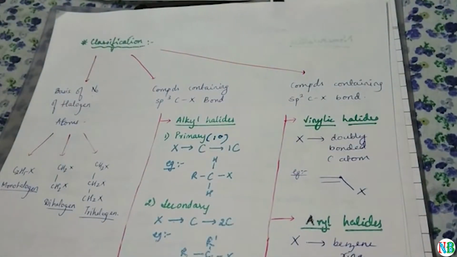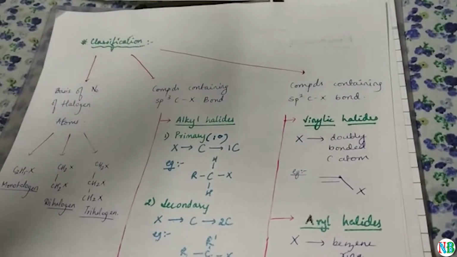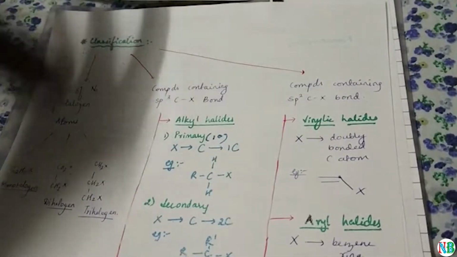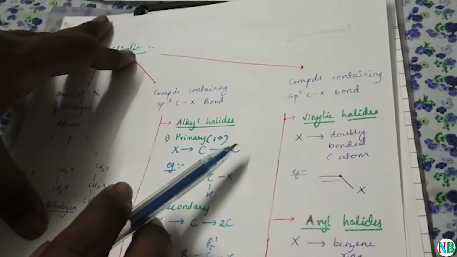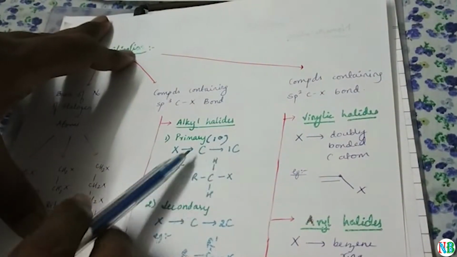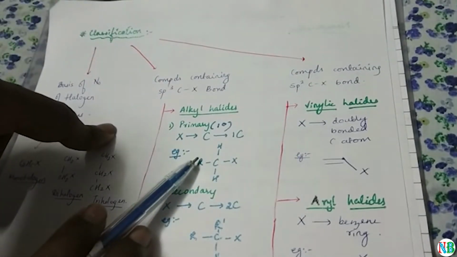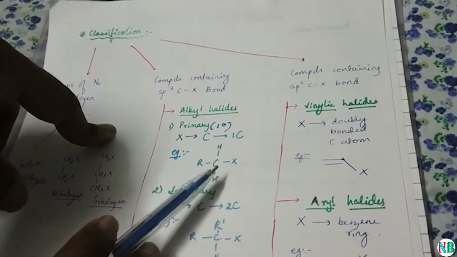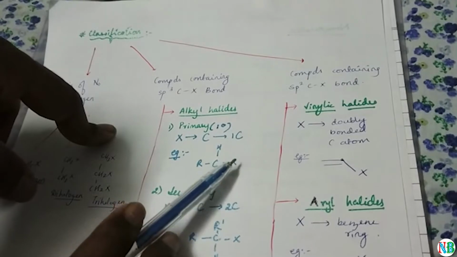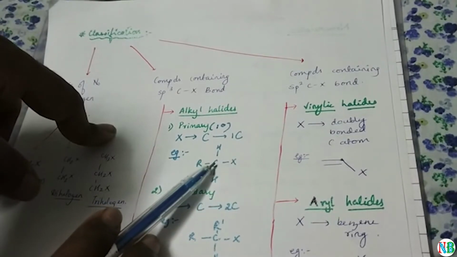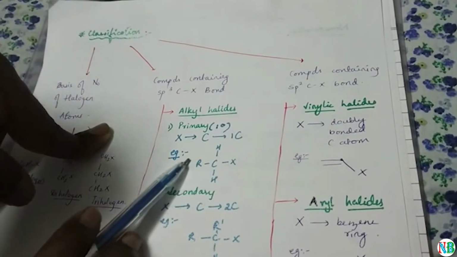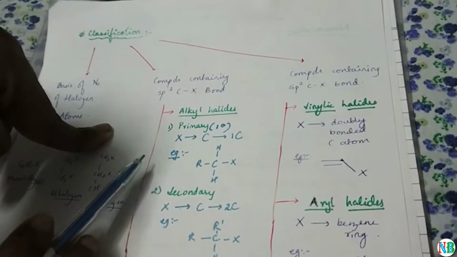So how do I see if my halogen is primary? When a halogen is attached to a carbon atom, which is attached to just one other carbon atom, that compound is primary. So for example, we have an alkyl group over here. We have a carbon which is attached to H. Now here the halogen is attached to a carbon atom, and the carbon atom is attached to just one other carbon or one other chain of carbon atoms.